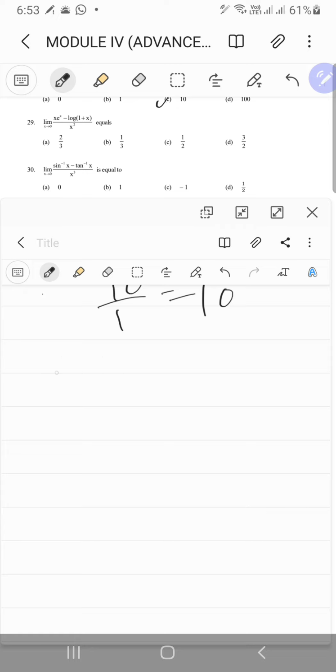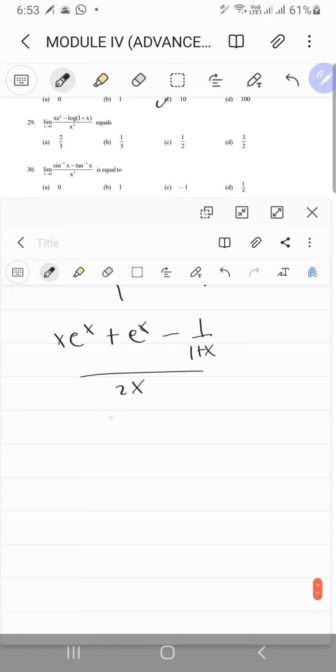So it's going to be x e to the x plus e to the x minus 1 upon 1 plus x, upon 2x. Now let's try putting x equal to 0 into this thing. It's still a 0 by 0 situation, so we'll take another derivative.